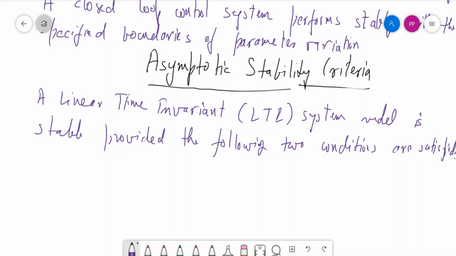So what are those two conditions? So the condition number one is when the system is getting a bounded input, means input of a given amplitude and frequency, then the system should generate a bounded output.